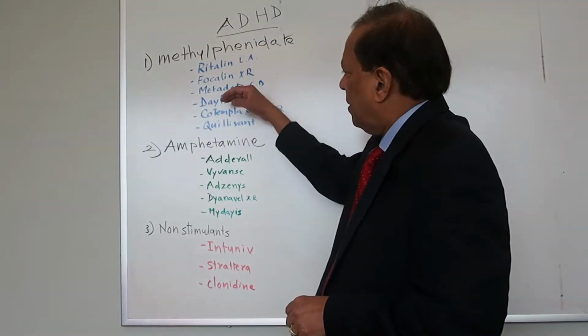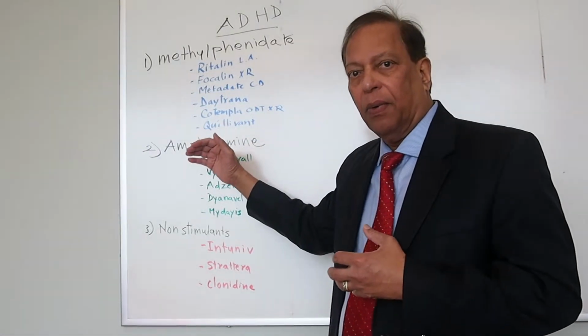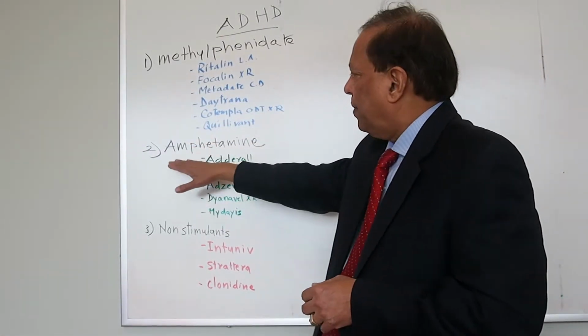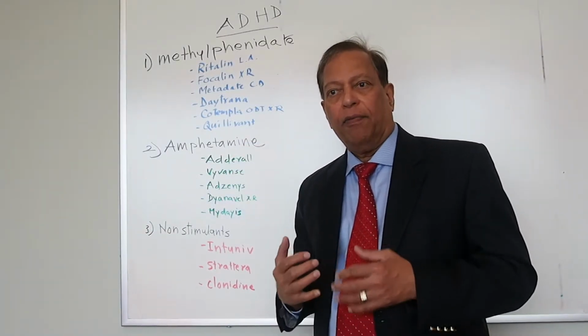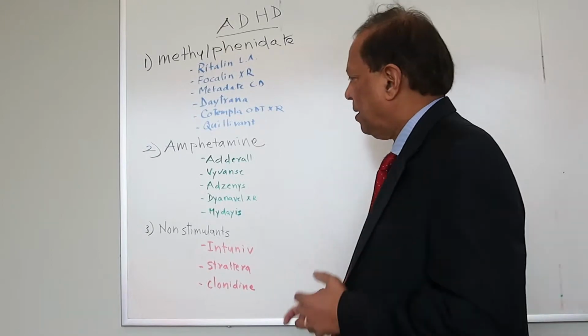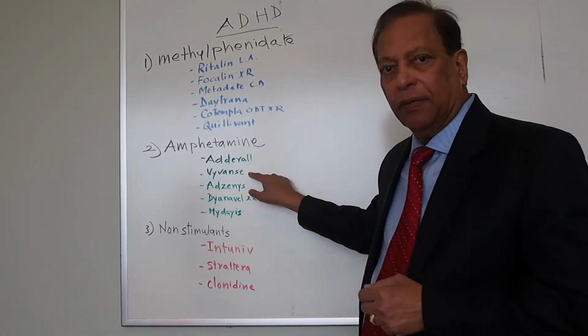Now, sometimes they do not work as well as they should, and therefore we have another choice, and that is called the amphetamine group. In the amphetamine group, we have two prominent medications. The first one is Adderall, and the other one is Vyvanse.